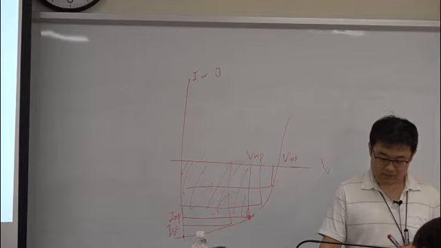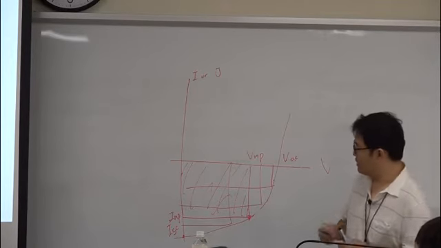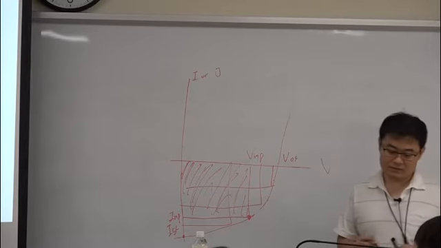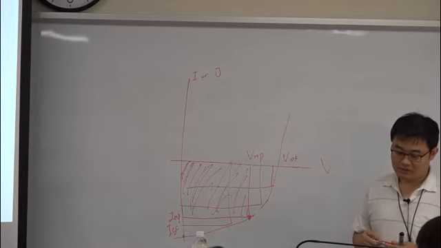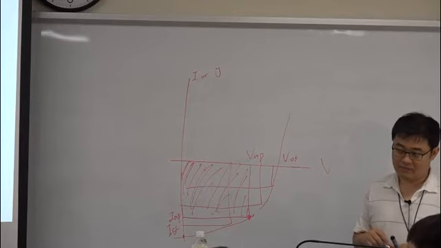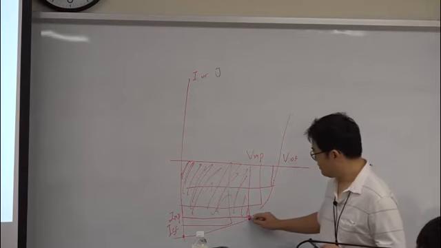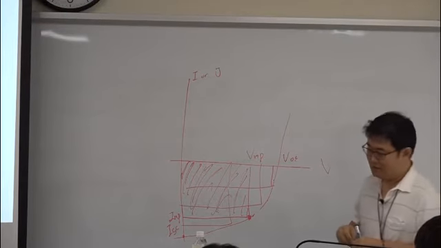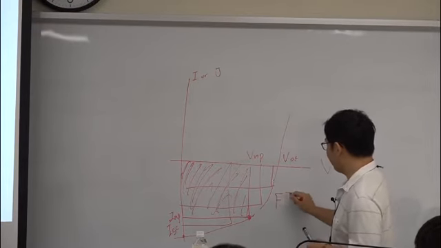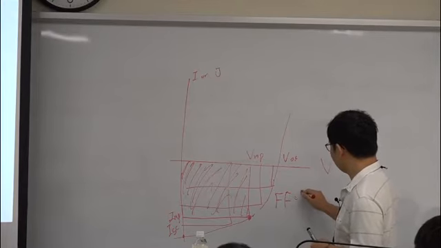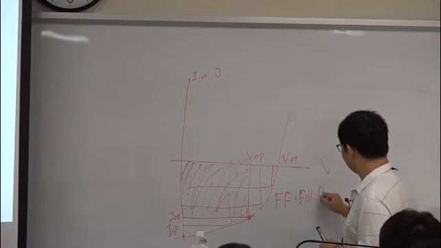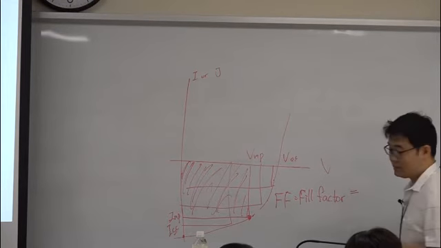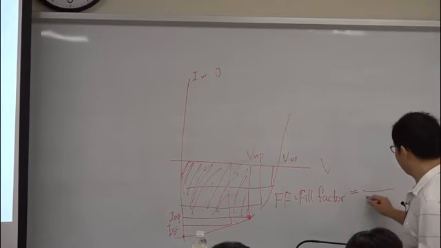If we look at this, P out is measured by this area of the curve, which is I multiplied by V at the maximum point. And FF, which is the fill factor, has the following definition.